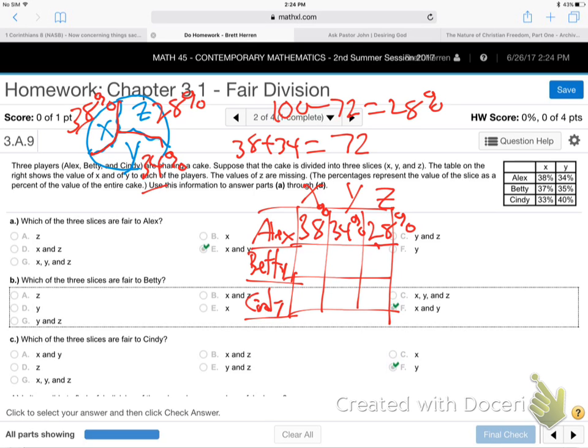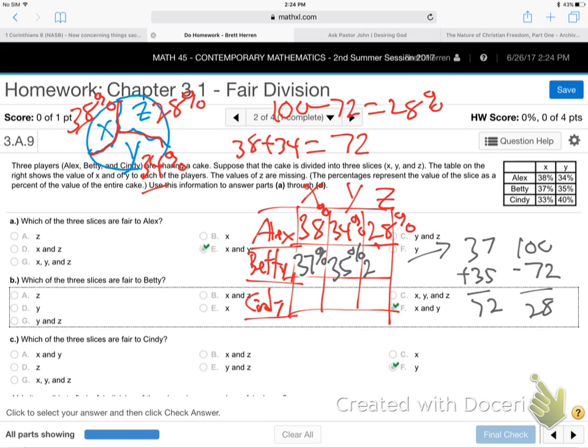Let's do Betty now. So for Betty, what does she think? She thinks 37% and 35%. So how do you figure out the last one for Betty? Same thing. Just add them up. What is that? 72, subtract from 100. 28%.